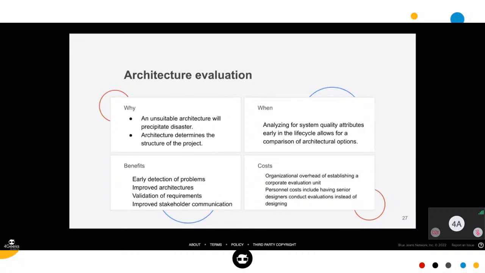Mostly, when you evaluate an architecture, you associate it to quality attributes. I can say that 95% of the time, architecture evaluation is associated to quality attributes. So we say, okay, in performance, it's not reusable, it's not reliable. Normally, this is the conclusion of an evaluation of software architecture.